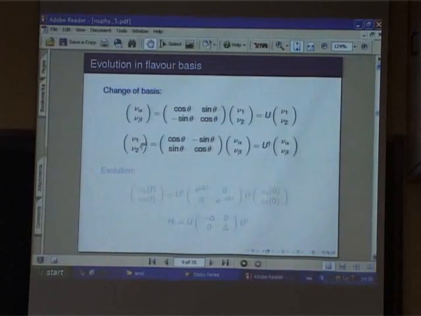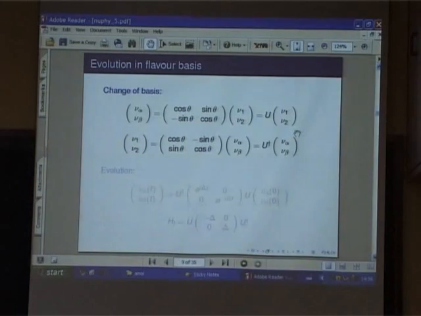So my mass eigenstates will be U dagger, which is the inverse of this matrix. It basically changes the sign of this sine here. So nu1, nu2 is U dagger times nu alpha, nu beta. So now in two flavors, we know very easily how to jump between different bases.